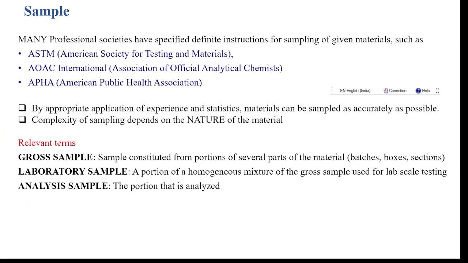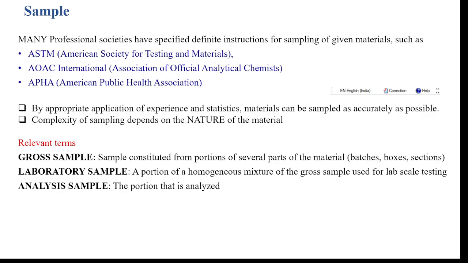And there are many professional societies which specify the instrumentation for sampling of a given material. Every instrument has specific sampling techniques, and there are many societies providing instructions on what kind of sample technique we should follow for a given measurement.